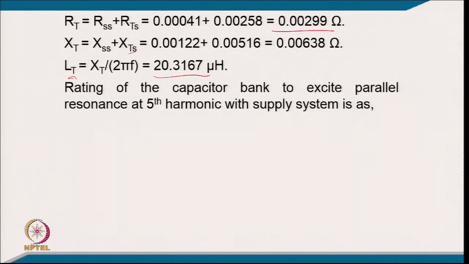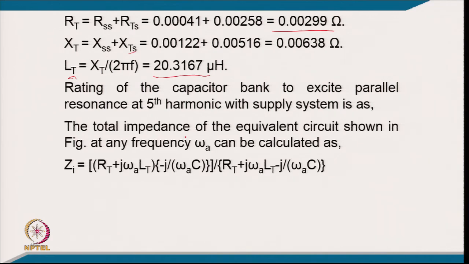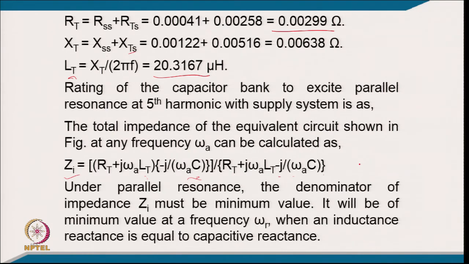So it comes 20.3167 microhenry. The rating of the capacitor bank to excite the parallel resonance at the 5th harmonic of the supply system: the total impedance of the equivalent source in the figure at any frequency can be calculated as Z = (R_T + jωL_T) × (−j/ωC) divided by (R_T + jωL_T − j/ωC). Under parallel resonance the denominator of the impedance must be at minimum value, at frequency ω_r.